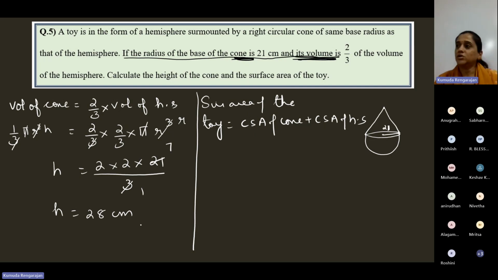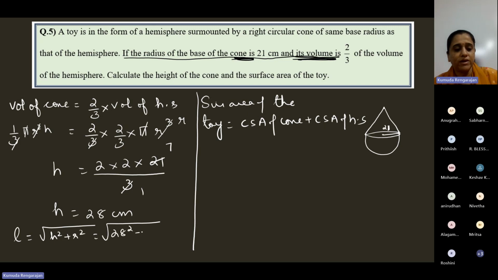But before that, you must find the slant height of the cone. L is equal to root of h square plus r square, that is square root of 28 square plus 21 square. Please work this, find the value of L, and then find the surface area of the toy, CSA of the cone plus the CSA of the hemisphere.